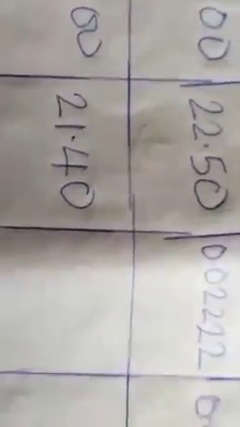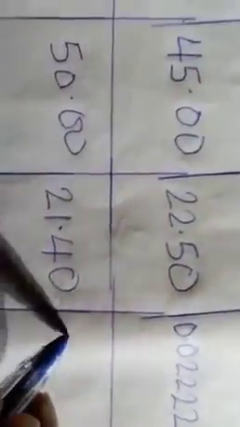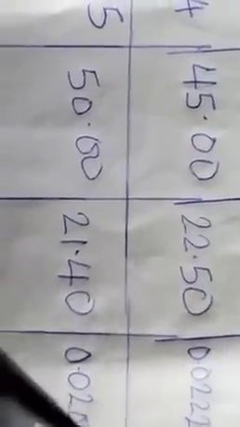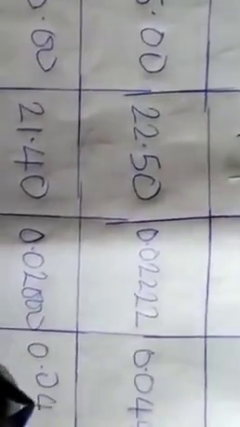Our U inverse is 0.02000 to 4SF. Then our V inverse is 0.04673 to 4SF.